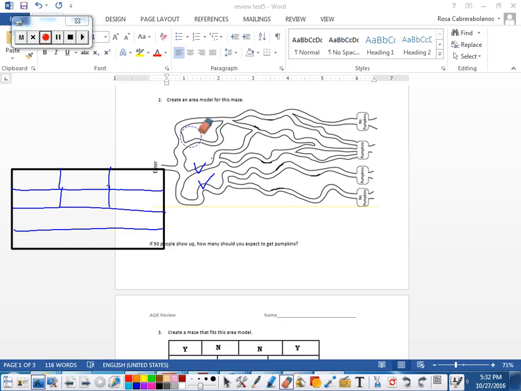The next one goes into 3 different ways, so I'm going to divide it into 3. The next one goes into 3, and they're all pumpkins. And then finally the last one goes into 2, and I divide it into 2. I think this one was no pumpkins and then pumpkin, pumpkin. Same thing for this one.